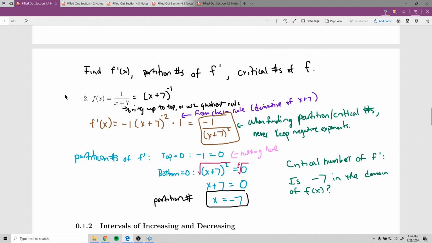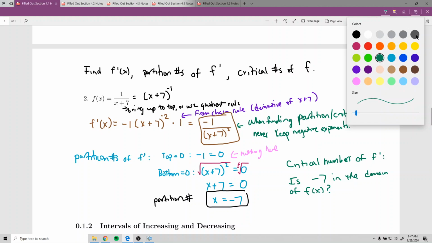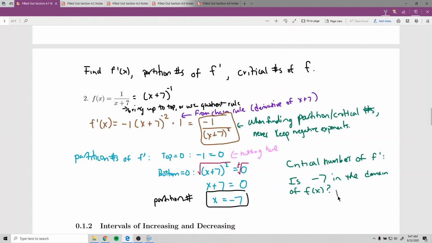And you can answer that a couple ways. You can figure out the domain at the beginning and just see if it fits in there or not, like we did with the previous one. Another way you can figure it out is just plug it in and see what happens. So I'm going to show you the other way with this one.